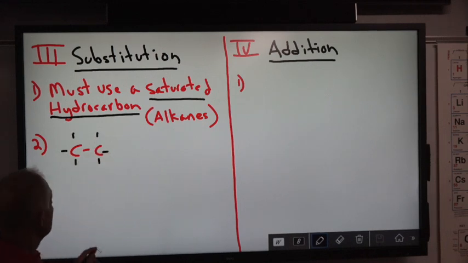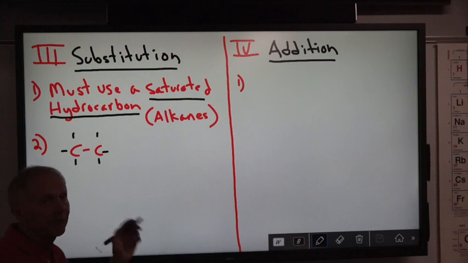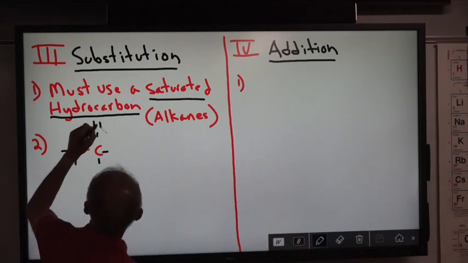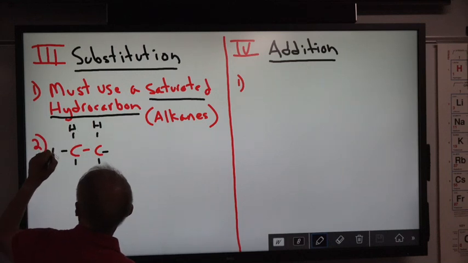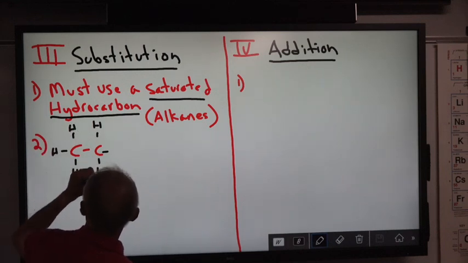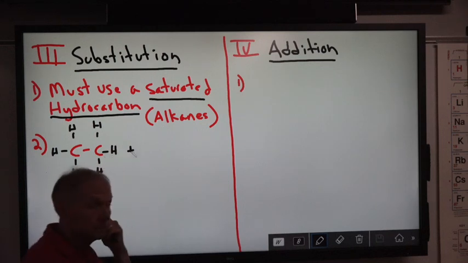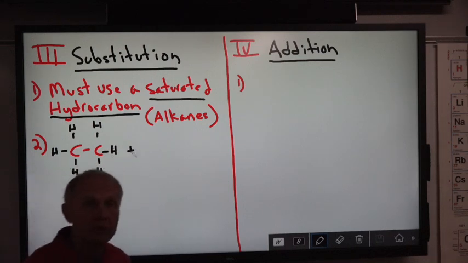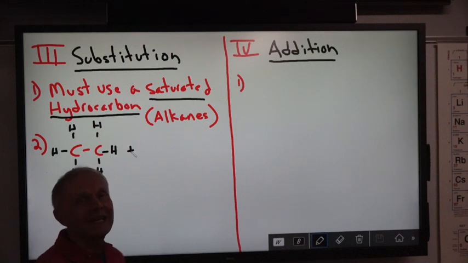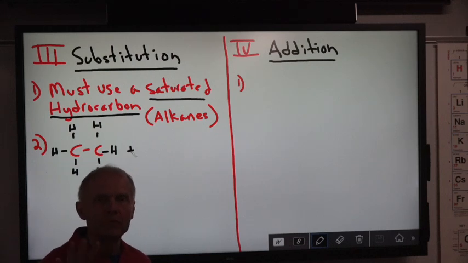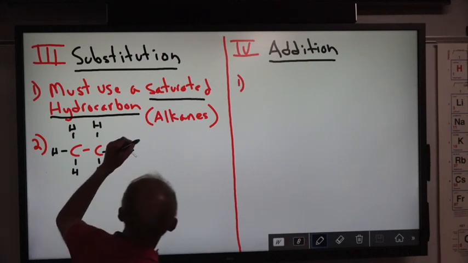So all the black spaces, there should be hydrogens. Oh, I might as well put them in. Now, you can substitute whatever you want into that alkane. Usually, they substitute halogens, fluorine, chlorine, bromine, iodine. So watch. Let's go like this.